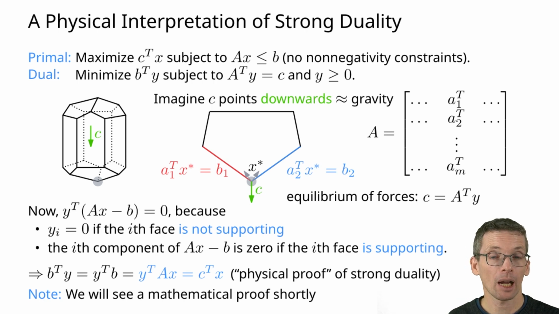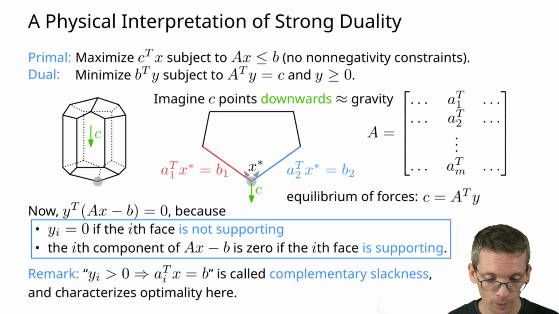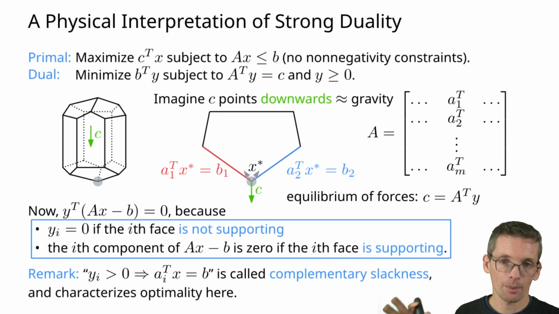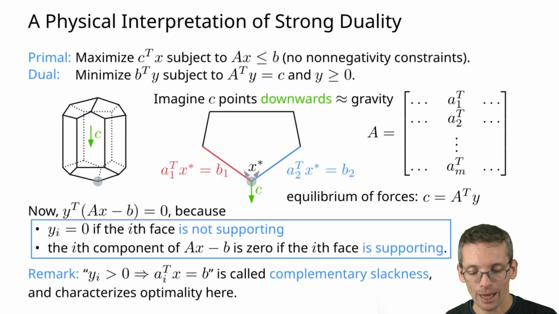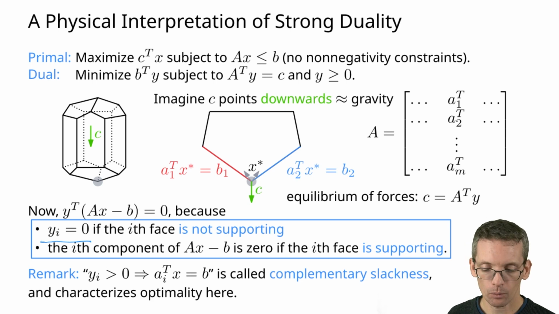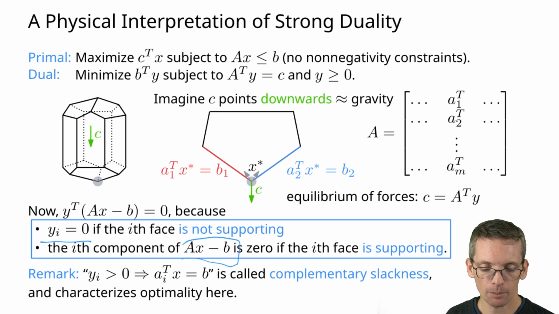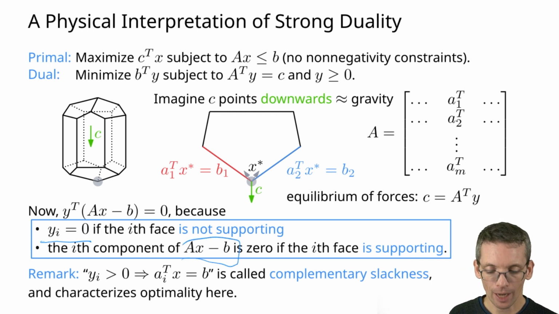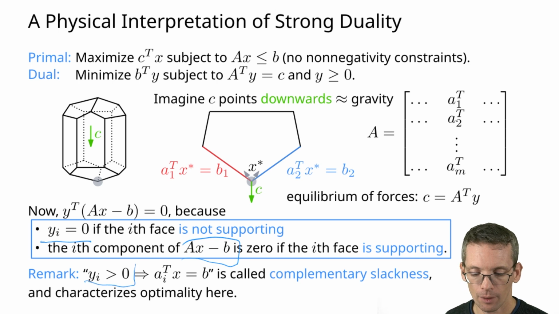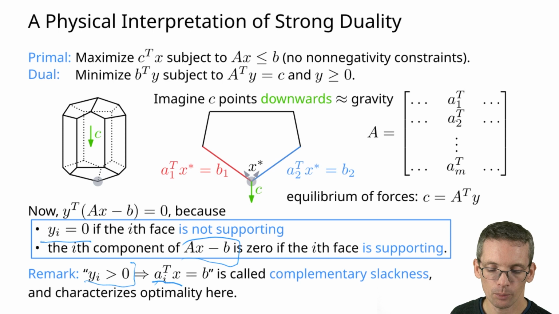But before wrapping up, there's another interesting observation here, and that is the following. We had an optimal solution for the primal and also for the dual here, and it had the following property. For any i, either yi is 0, or the corresponding component in Ax minus b was tight, in the sense that if yi is not 0, then I have ai transpose x equals b.